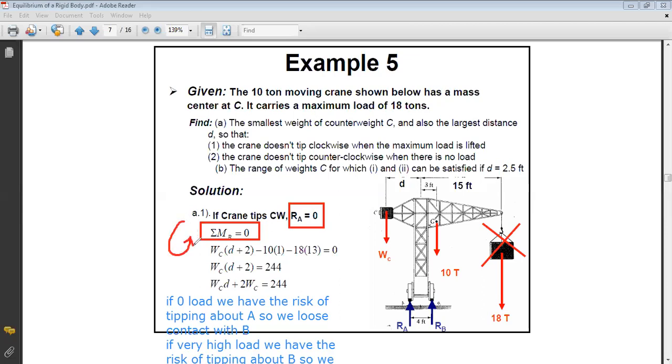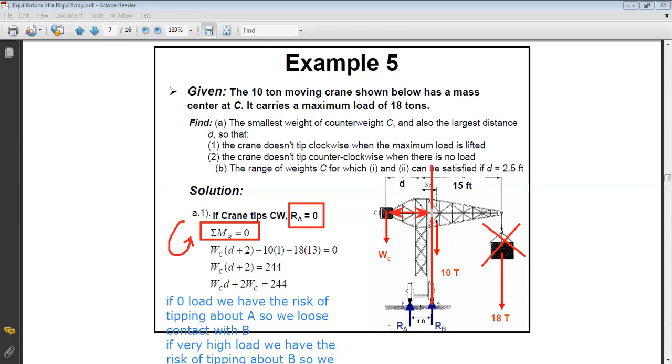And now if I look at my figure, first, WC is producing a counterclockwise moment about B. So it's a positive moment, plus WC times the distance. This is RB, and I should multiply by the distance here, from the weight to the force here.